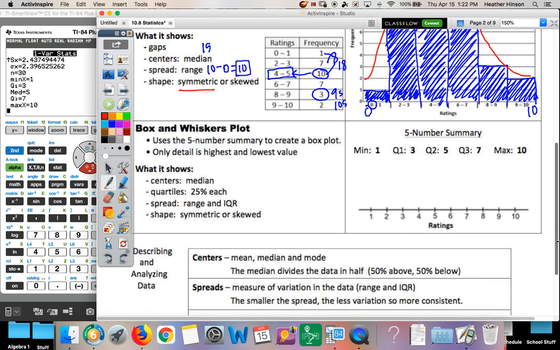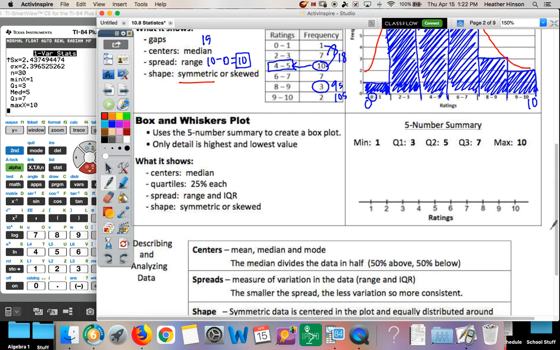The last kind we can have between those 30 numbers is a box and whisker plot, or box plot. This is where we use those 5 number summaries. You're going to have your minimum, all from your calculator. Your minimum, your Q1, your Q2, which is your median, your Q3, and your max. So you can draw this out.